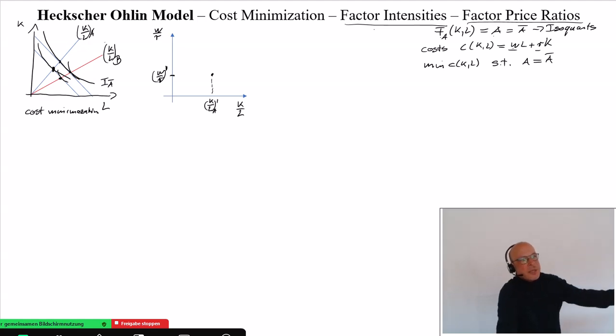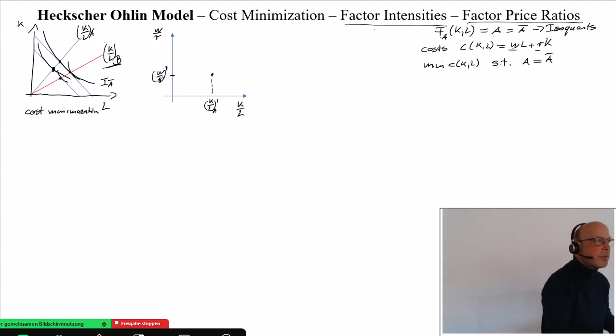So it has to be somewhere on the horizontal line, but is it to the left or is it to the right? To the left, because here the slope is lower, so it has to be maybe somewhere here. B prime.